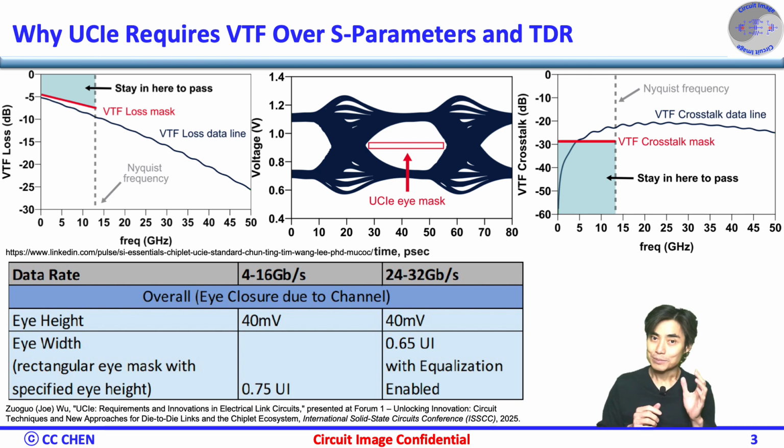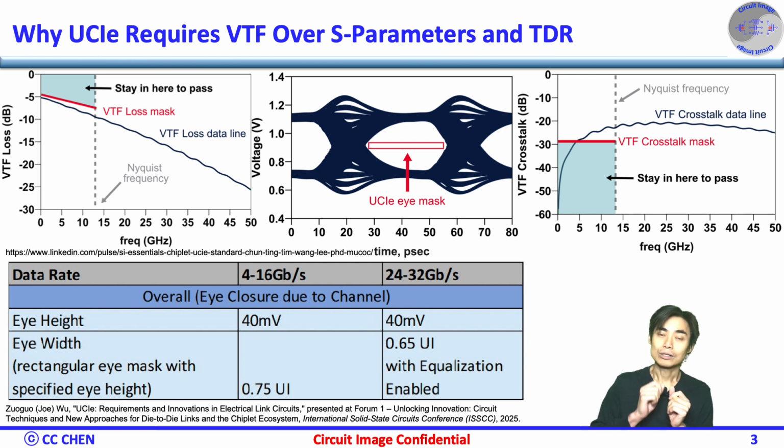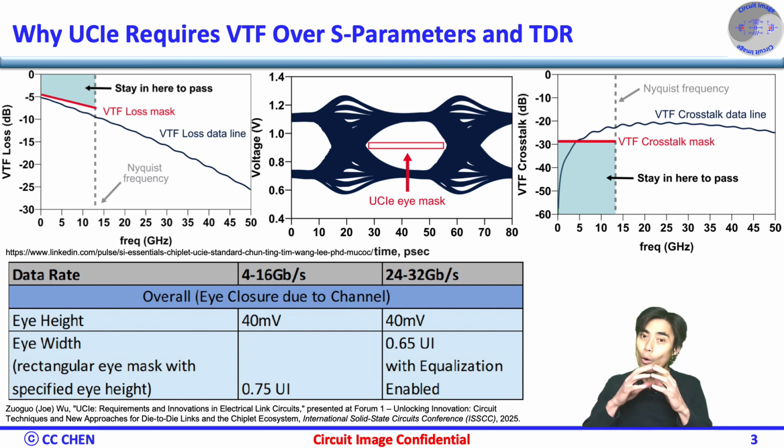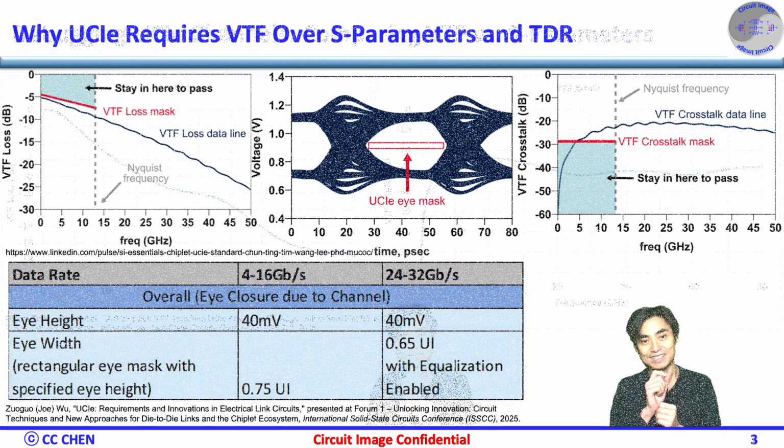Instead, the UCIe specification defines signal integrity requirements using VTF-based insertion loss and crosstalk thresholds, making it the gold standard for evaluating UCIe links. Numerous ISSCC 2025 studies have demonstrated that S-parameter-based assessments often fail to predict real receiver performance, leading to a marginal eye-opening that only becomes apparent under voltage domain analysis.